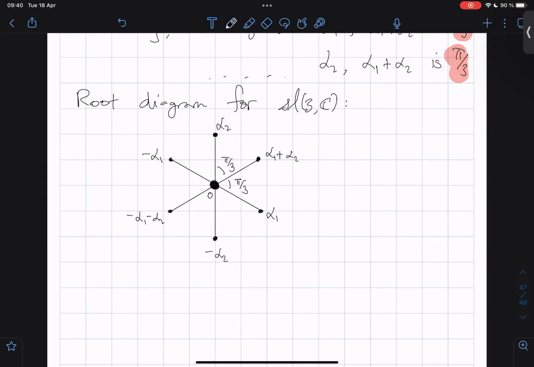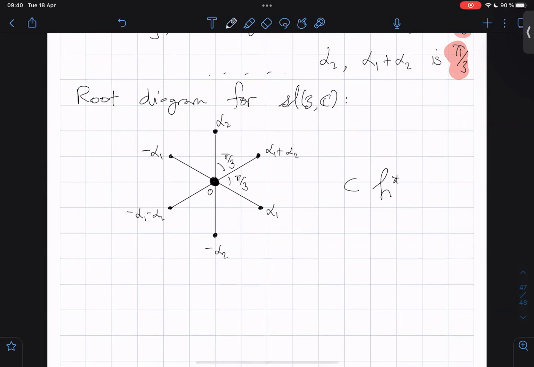Okay, so all of this is sitting inside this real two-dimensional vector space. We're working in the plane. You have 6 points on the outside, and then 1 point in the middle. But these really play different roles. The ones on the outside, remember, the root space corresponding to each is one-dimensional, whereas the one in the center is not a root.